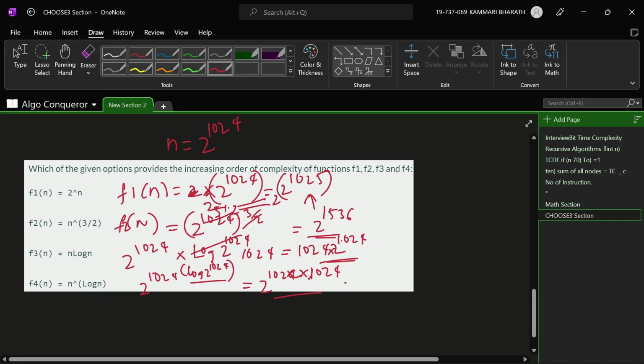Now compare the values. This is the highest one, and the second one is this one. Wait a minute, first, second, third, fourth.